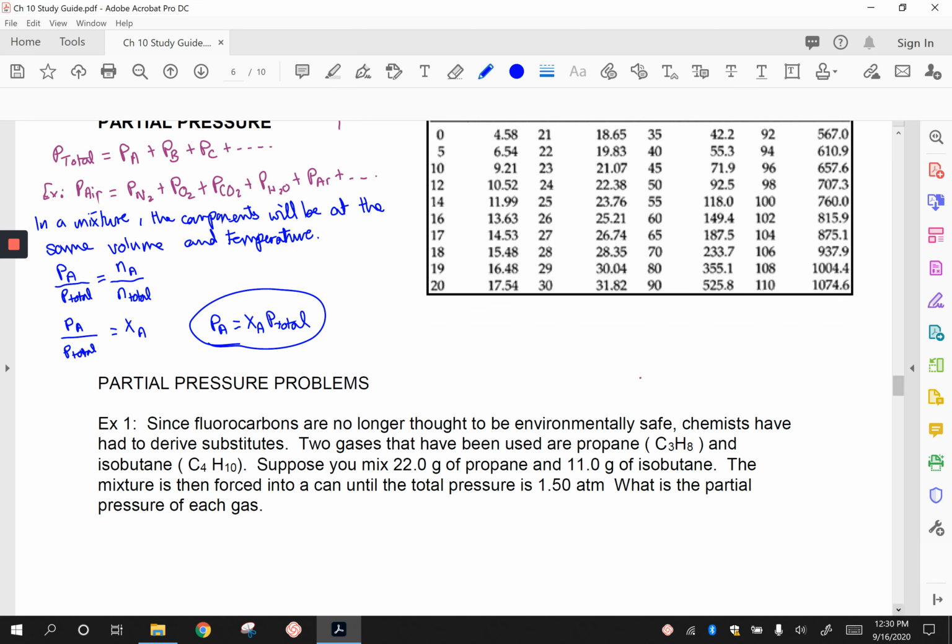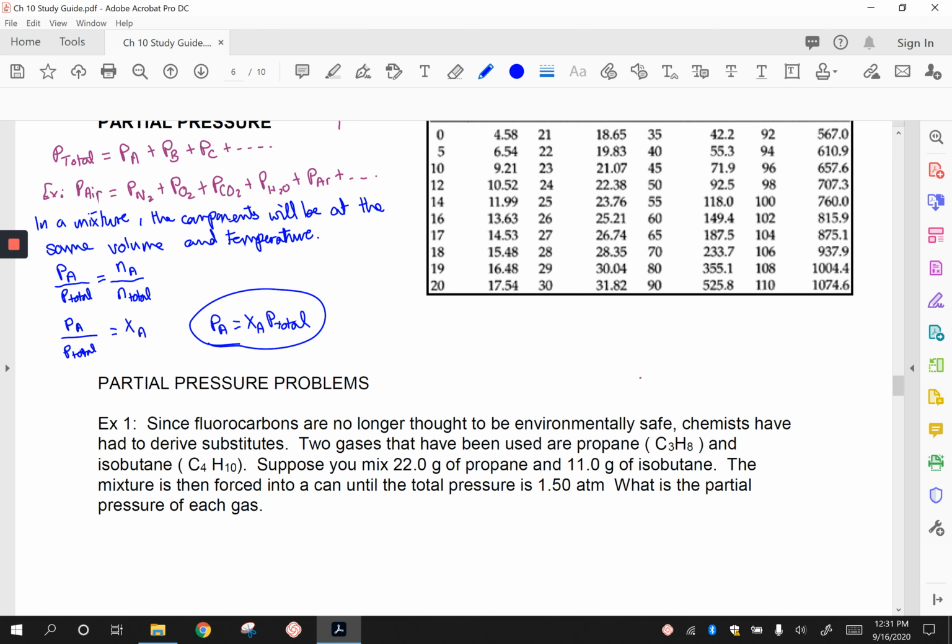This one says, since fluorocarbons are no longer thought to be environmentally safe, chemists have had to derive substitutes. Two gases that have been used are propane and butane, specifically isobutane. Suppose you mix a certain number of grams of propane with a certain number of grams of isobutane. The mixture is then forced into a can until the total pressure is 1.5 atm.